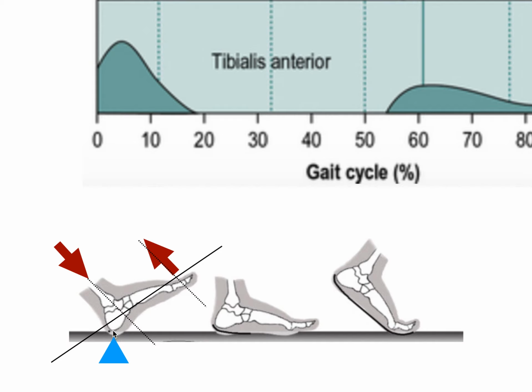That's your heel, and your body weight is transferred from the tibia, right, to your foot segment. You can see there is a moment arm. So actually your body weight is trying to force your foot segment to slam the floor. But if the tibialis anterior is not activated, then you're going to slap the floor during initial response.